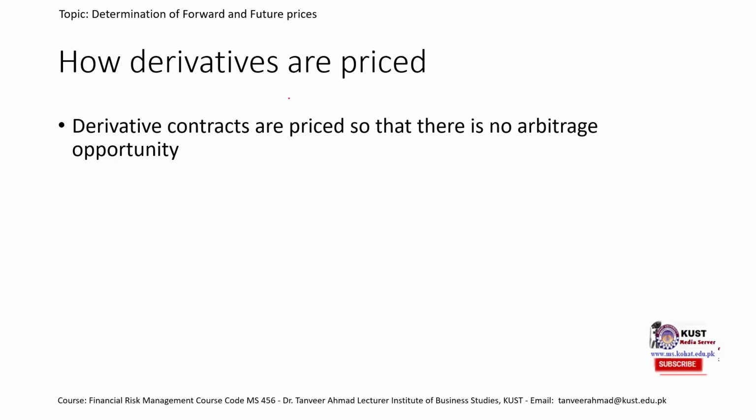So how are derivatives priced? Derivative contracts are priced so that there is no arbitrage opportunity. This is the important concept. In this case we are not discussing all the types of derivatives, we would have a different chapter on option pricing. In this case we are discussing forward contract or future contract.